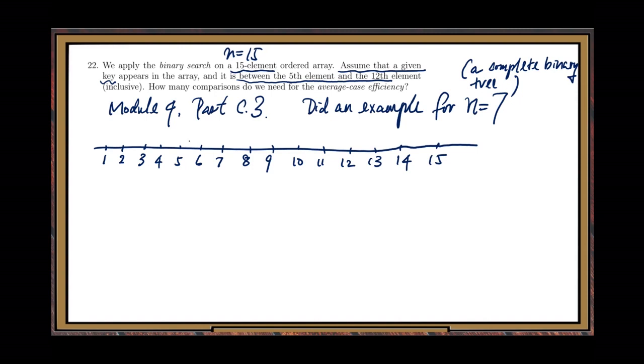The range for the given key has a lower bound and an upper bound, between these 2 points, inclusive. So the key is in this range.